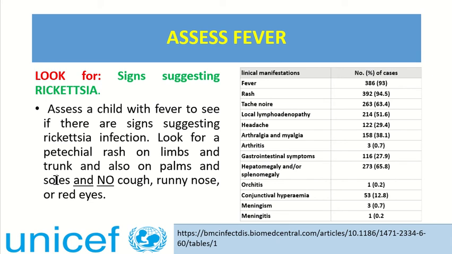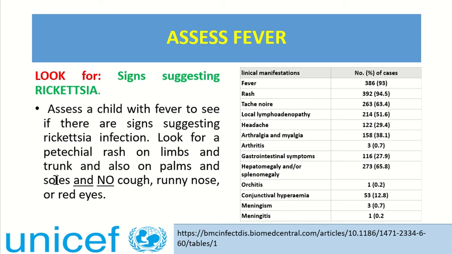One of these is fever, which is most common, in about 93% of cases, in addition to the rash, which is in 94%. And there is local lymphadenopathy, only in nearly half of cases. Headache, about 1/3. Arthralgia and myalgia, about 40%. Arthritis, less than 1%.